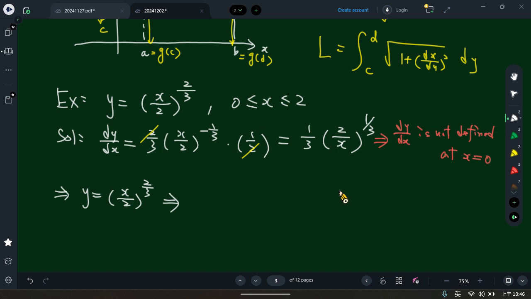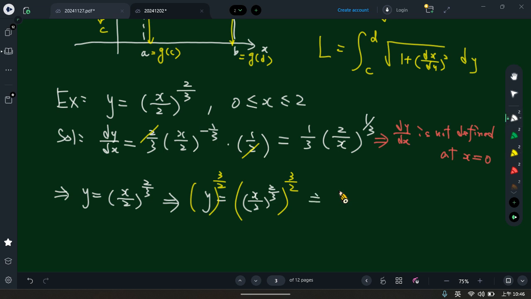So the good way is we can let both sides take the power of 3 over 2.